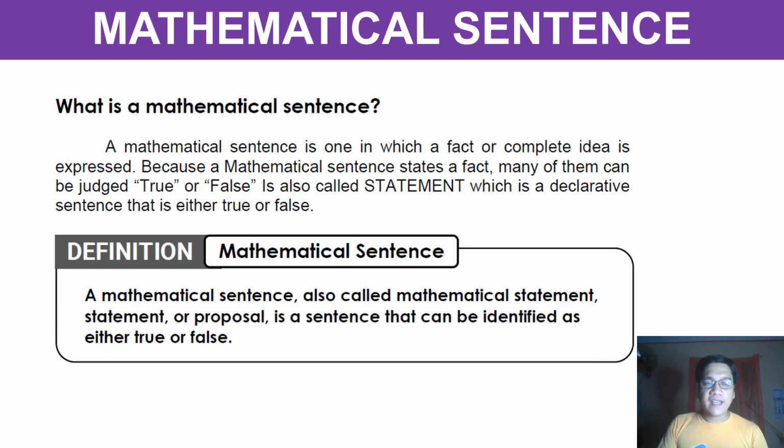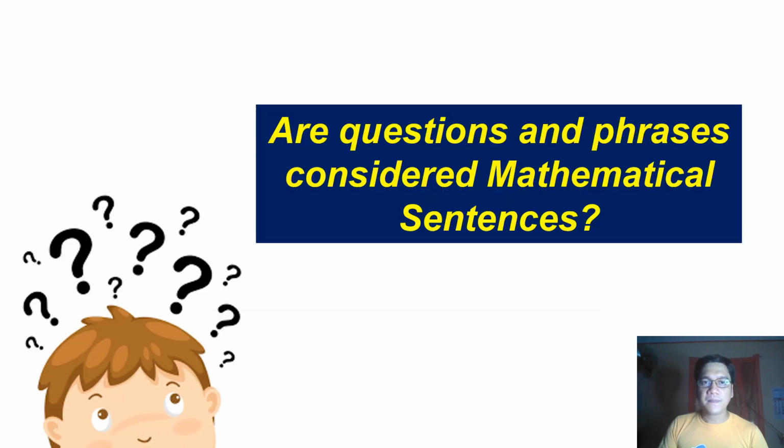So, here is the formal definition of a mathematical sentence. A mathematical sentence, also called a mathematical statement or proposition, is a sentence that can be identified as either true or false.